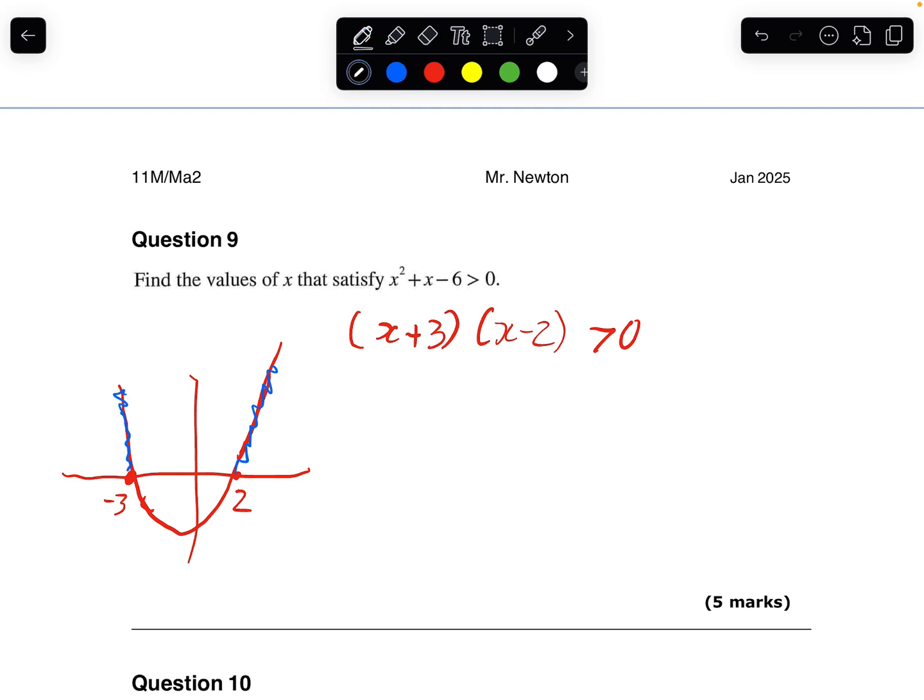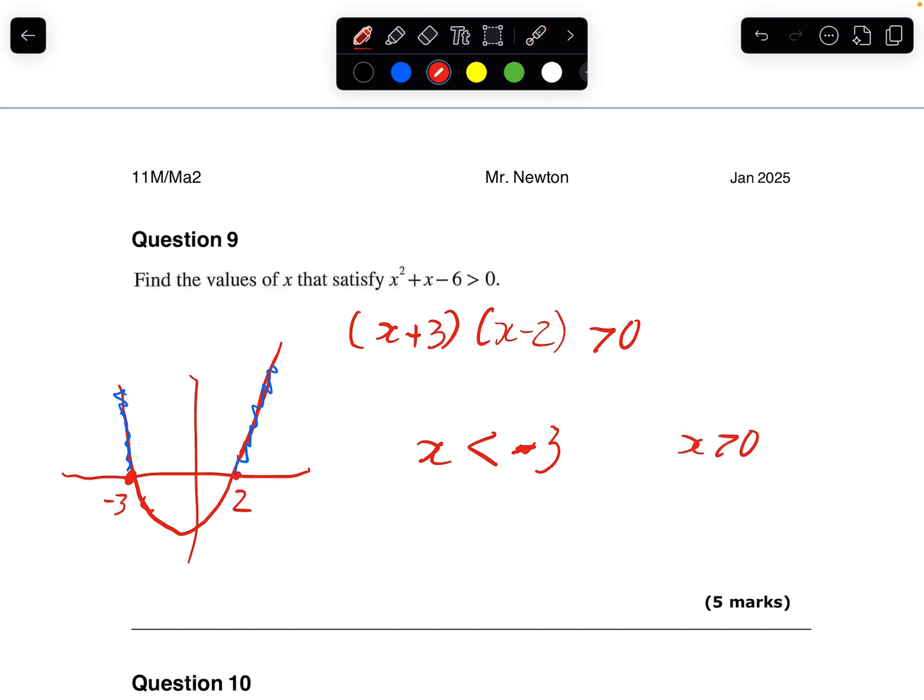Now how I would describe this to someone, well, this section on the left here is to the left of minus 3. So we've got x is less than minus 3. And this section on the right here is to the right of 2, and I would describe that as x is greater than 2.